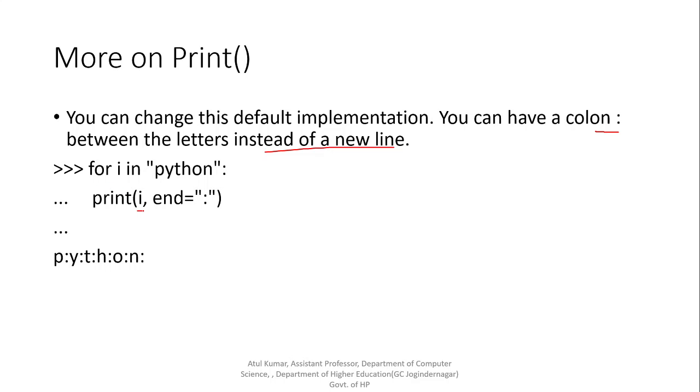Just write print i, and there is an end delimiter, and inside it initialize it with a colon. So now after printing P, it will not go to the next line, it will just add this colon, then Y, then colon, then Y. Now the cursor is not blinking on the next line, but the cursor is blinking here after this colon.